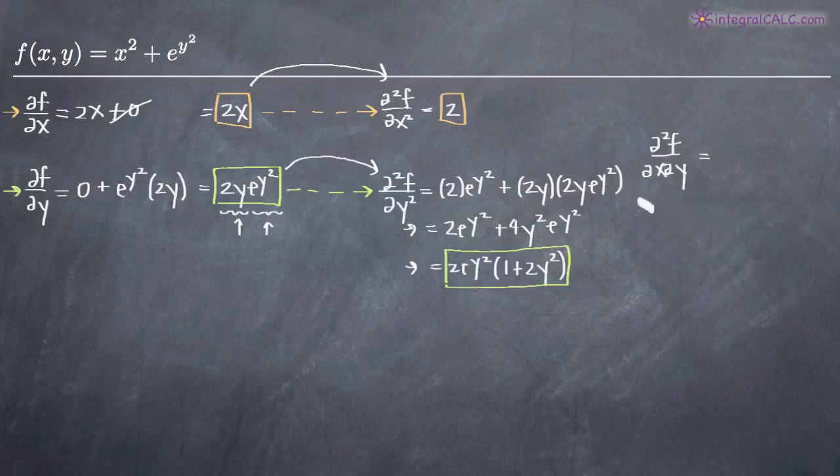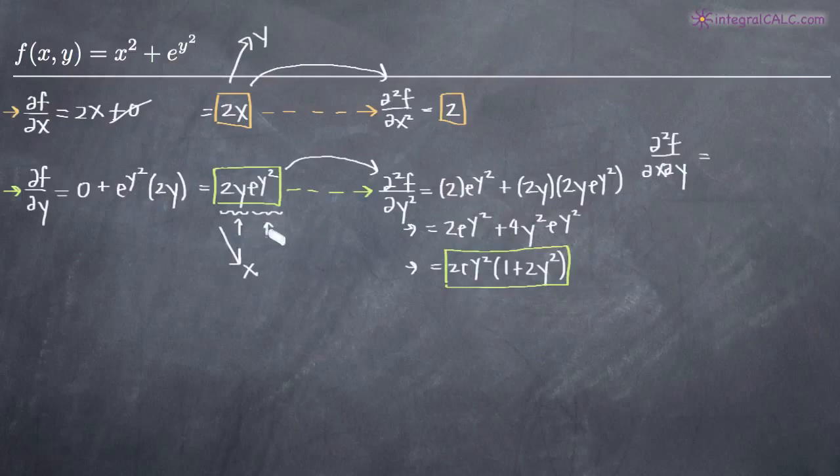When we do the mixed derivative, we can do it either one of two ways. We can take the first order partial derivative with respect to x and calculate the derivative of that with respect to y, or we can take the first order partial derivative with respect to y and calculate the partial derivative of that with respect to x. So we're just flipping the variable that we're using. So either way, this one with respect to y or this one with respect to x.